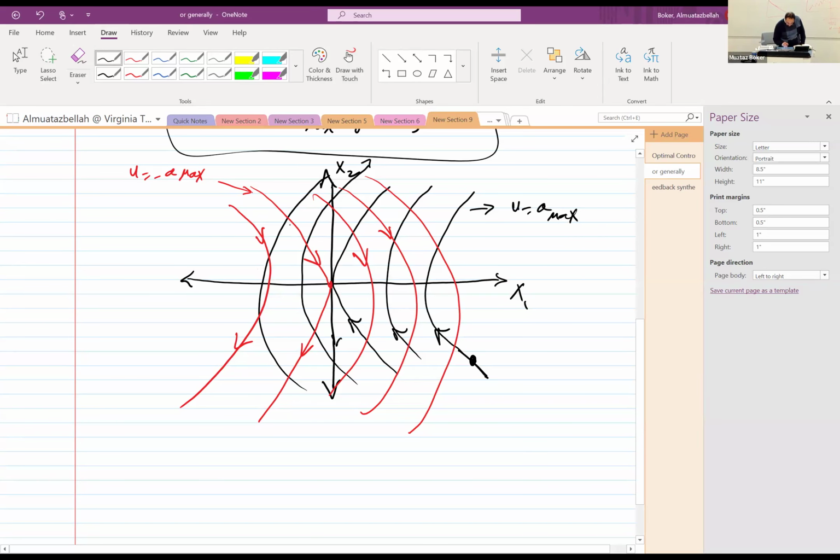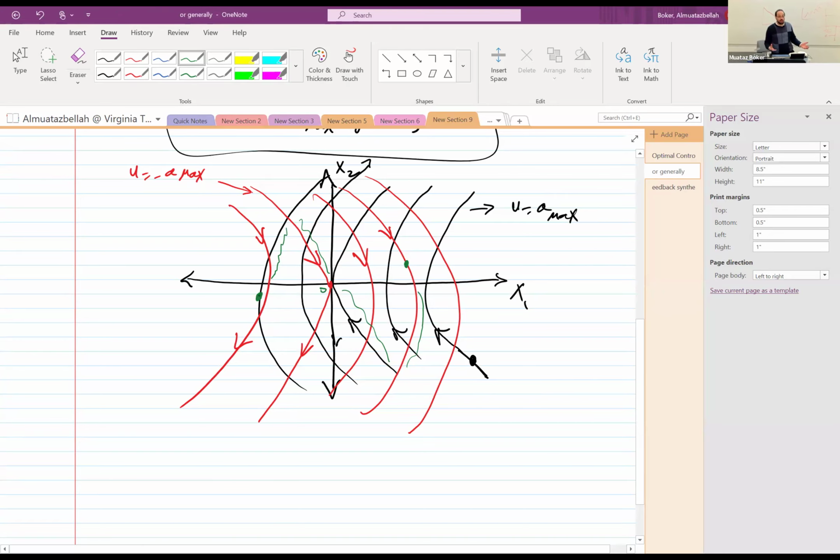what we are considering, let me take the green, is this part, this part, this part, and that part. I'm zooming on a special case where I start somewhere here and I want to go to zero.